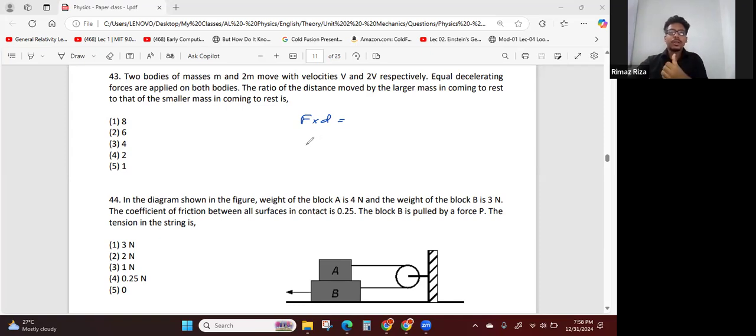So it has to do work against the friction, so energy will decrease. So the work done is equal to the decrease in kinetic energy. The final kinetic energy is zero. Since the force is in the other direction, minus F d is equal to minus half m v squared. So then minus and minus cancel.